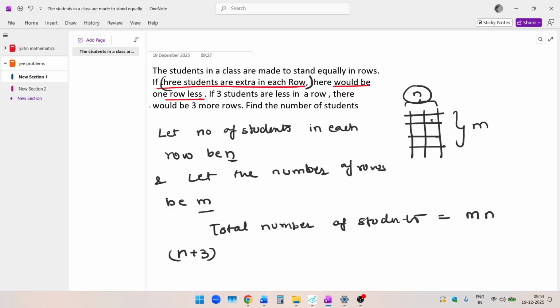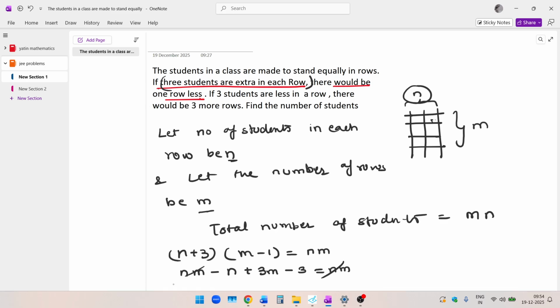If n is increased by 3, m would automatically be reduced by 1, but the number of students will still remain the same. So this will be n into m. If you solve this equation, you will get nm minus n plus 3m minus 3 equal to nm.